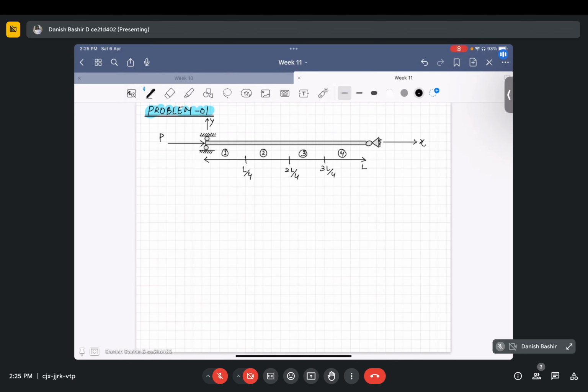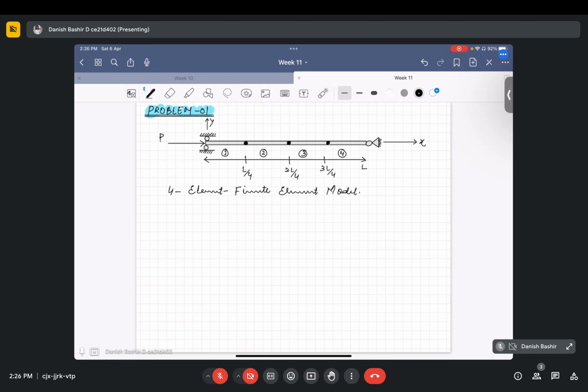So the finite element model for this is the four element finite element model. Our first node is here, this is our second node, this is our third node.